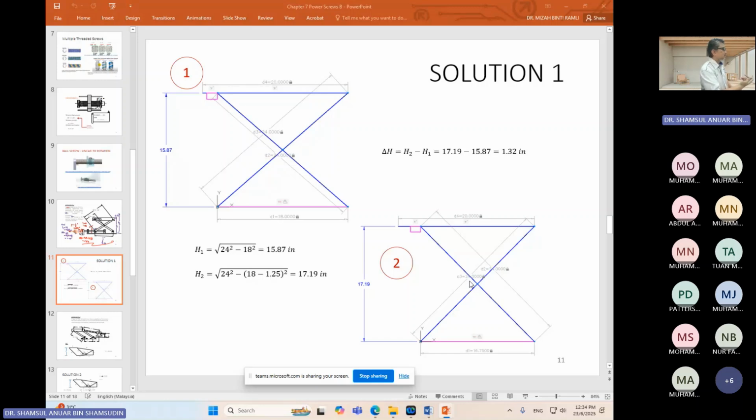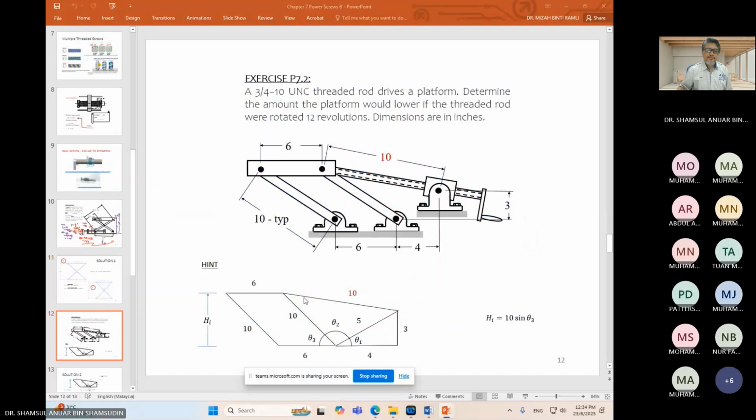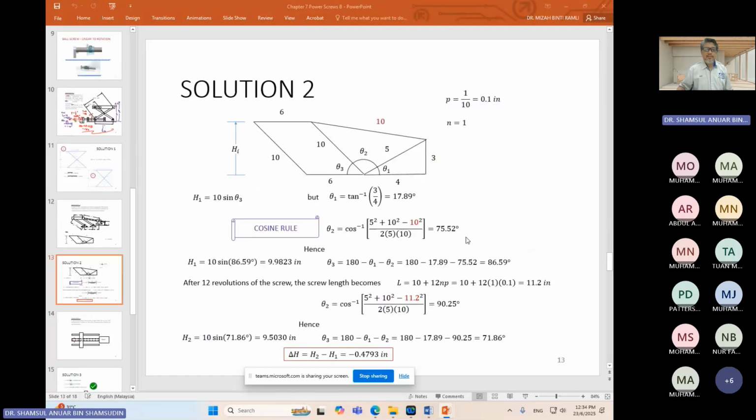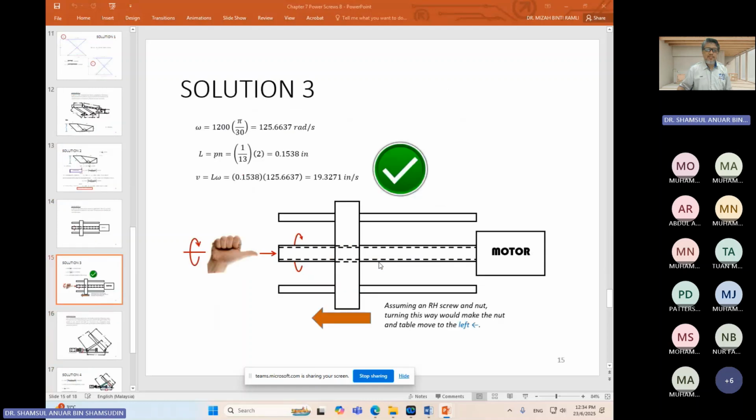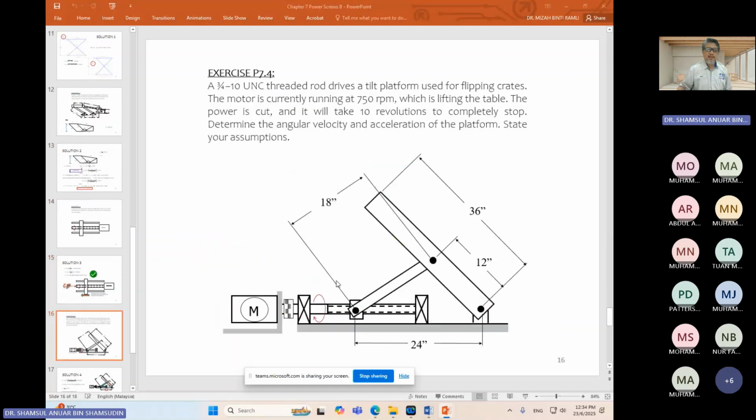Otherwise, make sure you use the cosine rule, the cosine law, or the Pythagoras rule. All of these are needed to be able to analyze this geometry. Okay, so look at this example. Some have answers, and you can try the others.